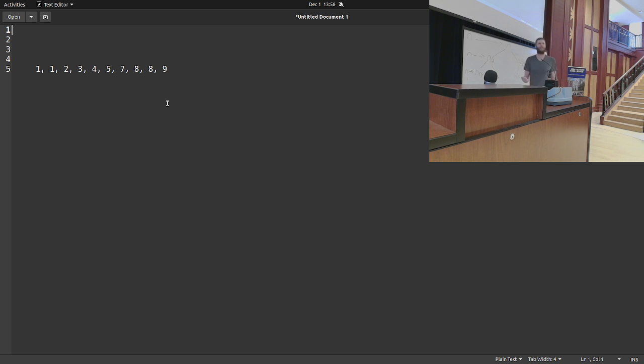If n is 100, it's going to be like 200 steps. If n is n, well, it'll be 2 times n. But again, we don't care about those coefficients because it grows linearly. So the merge algorithm takes n steps. It's linear.